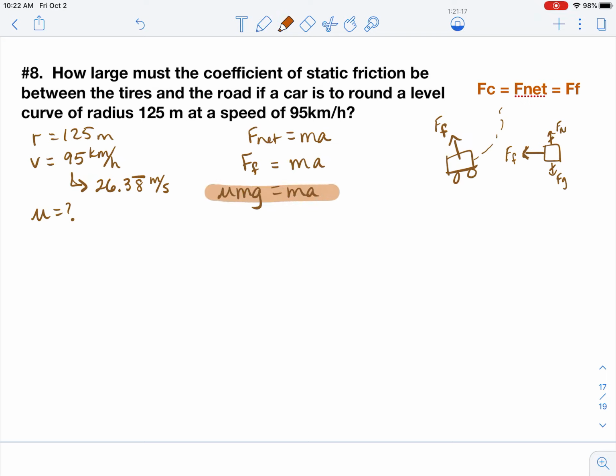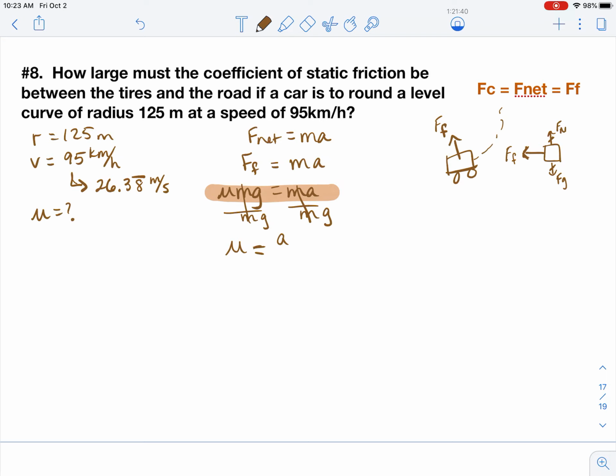So this is the equation that tells me the relationship that I need to know in order to solve this problem. Whenever we get ready to solve for our mu, we are going to divide both sides by m. So my m's are going to cancel. And we're also going to divide both sides by g.